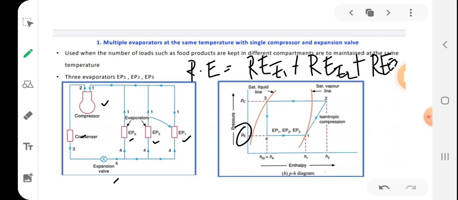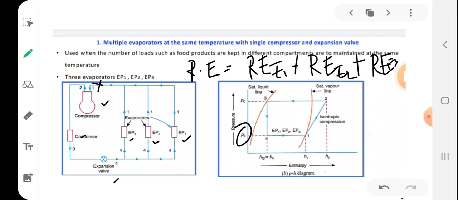Here you can see that at the inlet of the compressor, the refrigerant in vapor form gets sucked into the compressor.